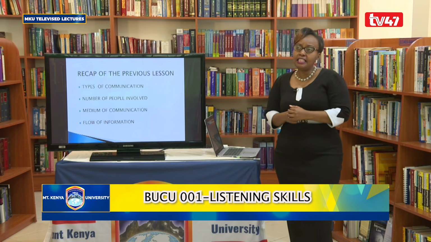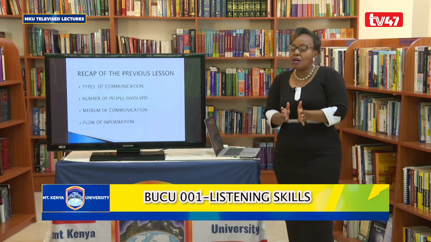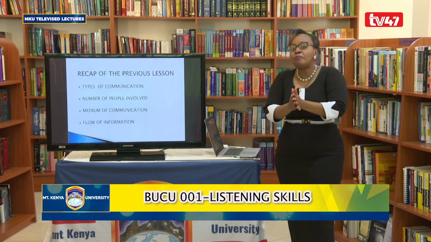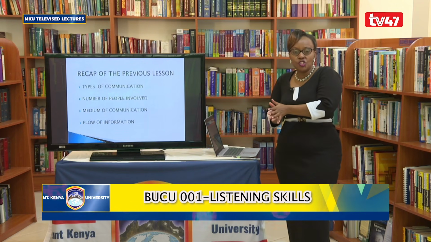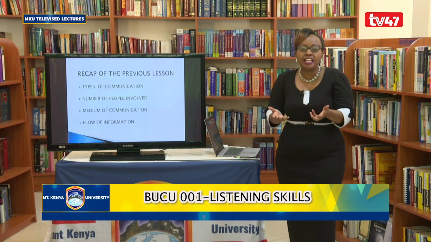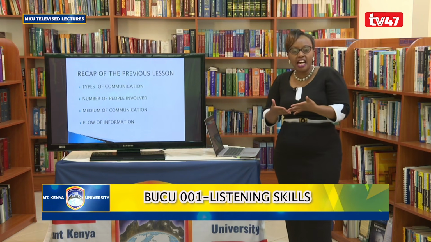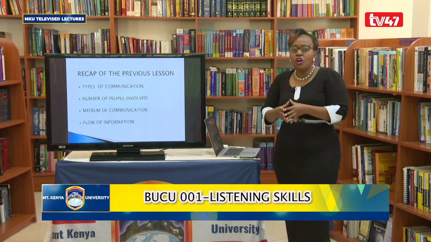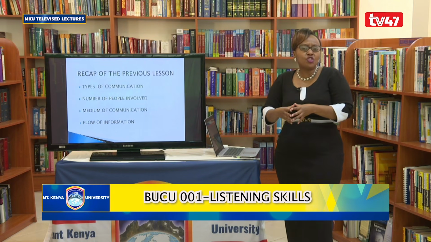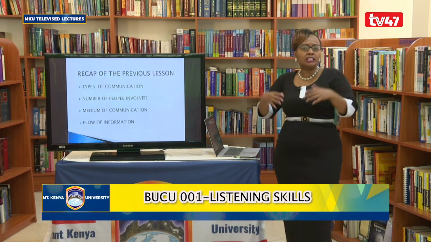And then we said that we need to be careful that in our organization, we don't develop other informal networks of communication that we call grapevine. Grapevine communication will occur when there are some weaknesses in the formal communication network. Or it can also occur due to curiosity of people. People are just curious.